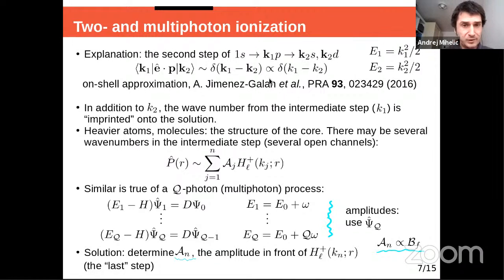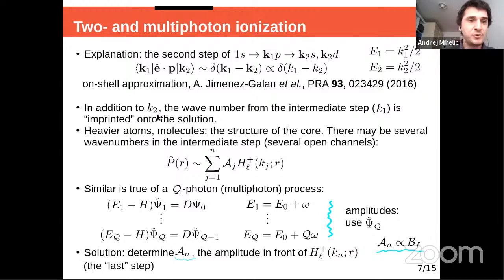A similar relation also holds for Coulomb waves. It is not exact, it is approximate, but it holds pretty well. This is sometimes referred to as the on-shell approximation. It has been used under different names. And this is a pretty good explanation of what happens.